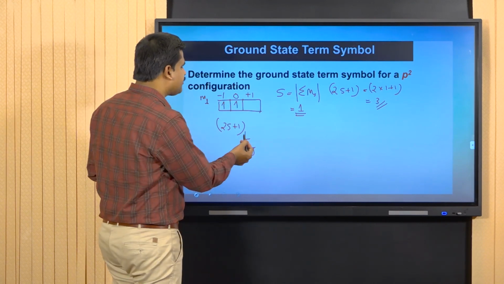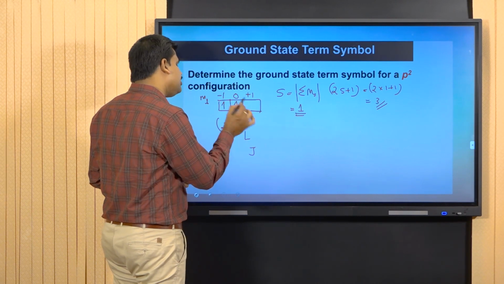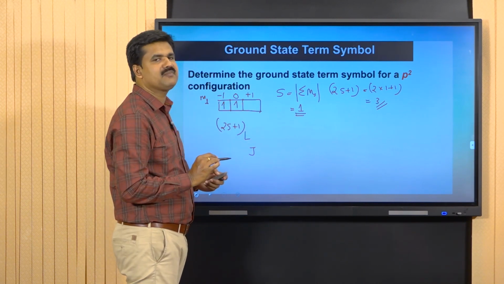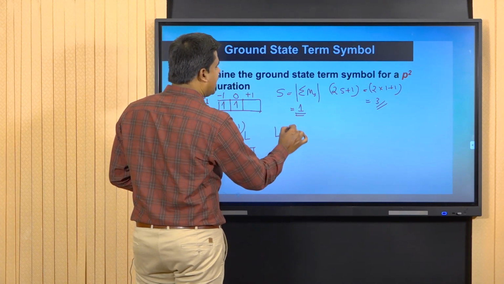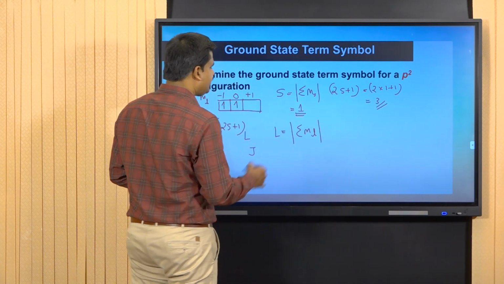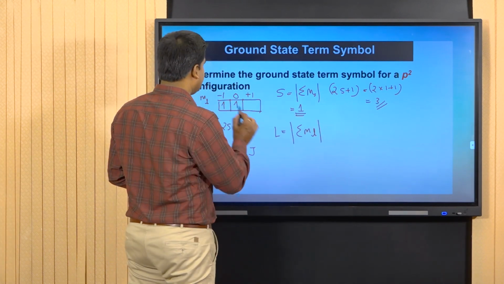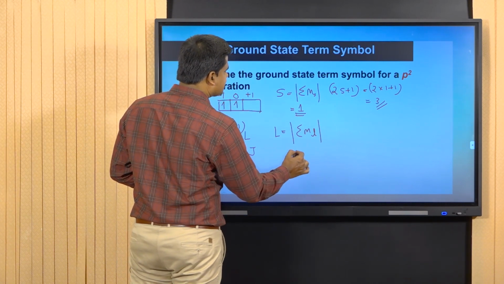Then I have to determine 2 more parameters: the total angular momentum quantum number J and the total orbital angular momentum quantum number capital L. In order to determine capital L, or the term, we have to use modulus of sigma ML. The ML values are -1 plus 0, which is equal to -1.